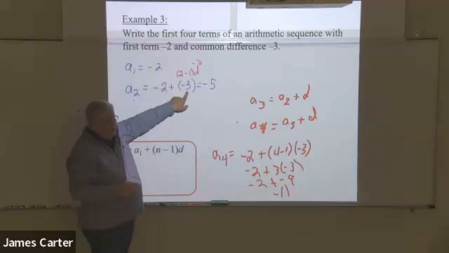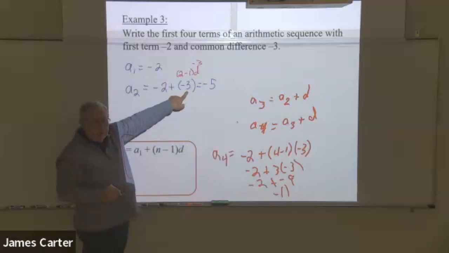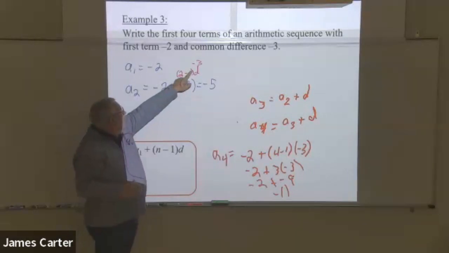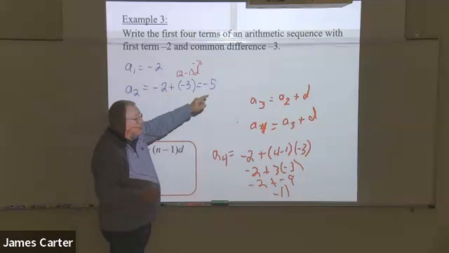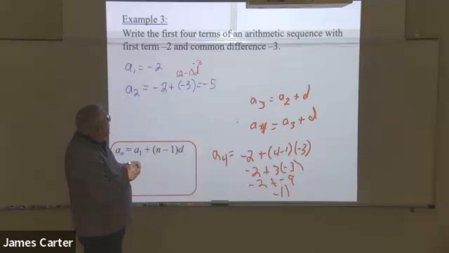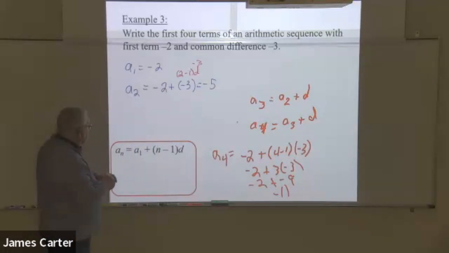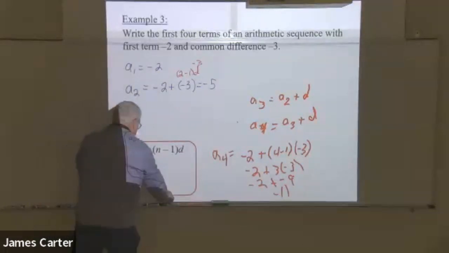This is what they didn't show right here. 2 minus 1 is 1, and 1 times -3 is -3. That's where that came from. So -2 plus -3 is -5. Would be our term. Okay, then we continue.